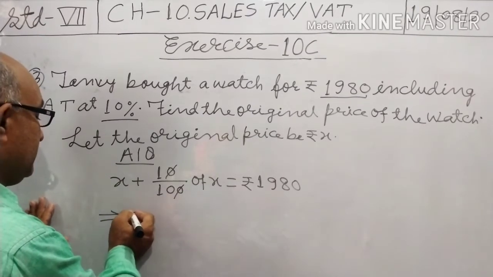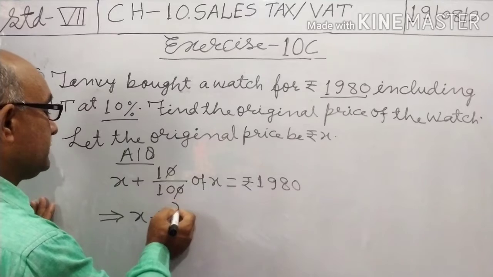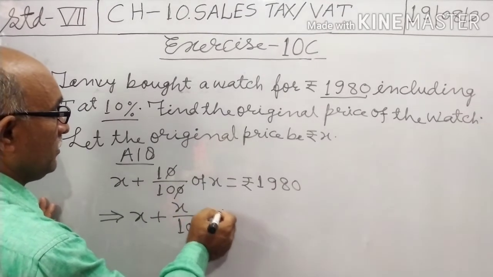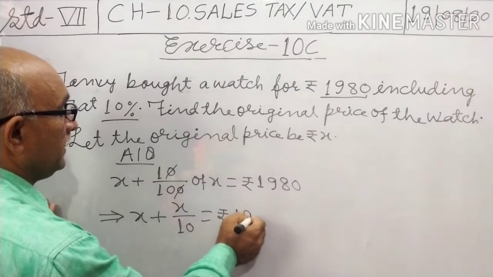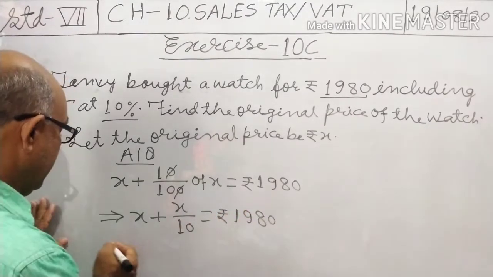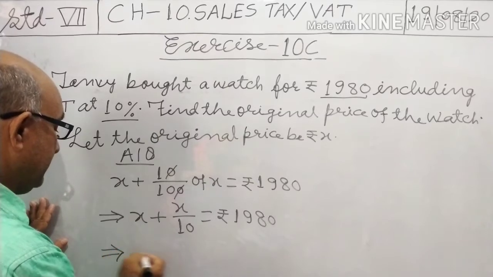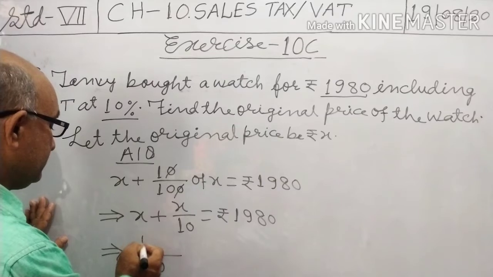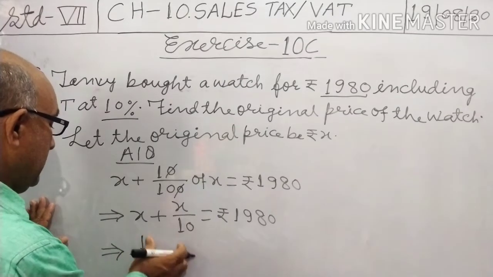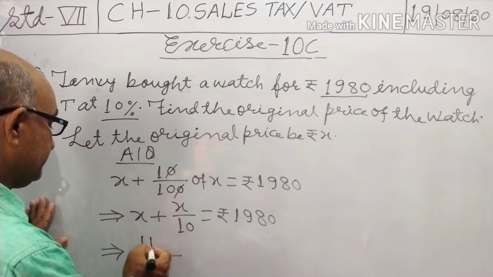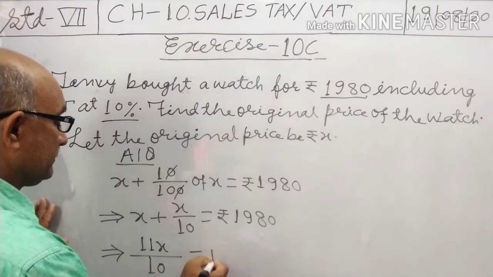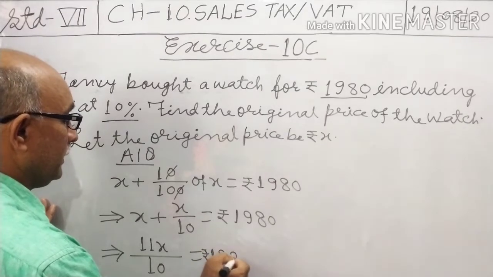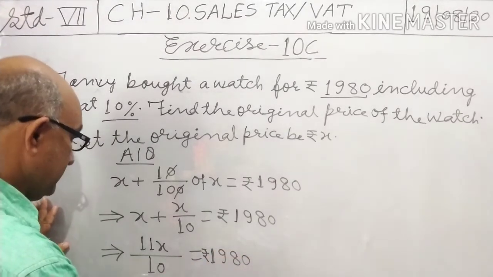That implies x plus x by 10 equals rupees 1980. That implies, taking LCM 10, so 10x plus x, 11x equals rupees 1980.